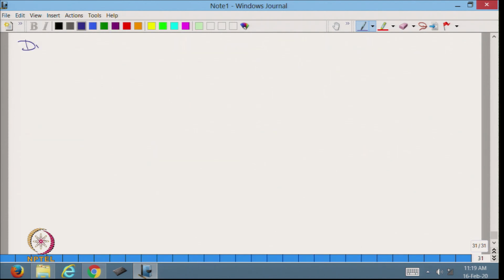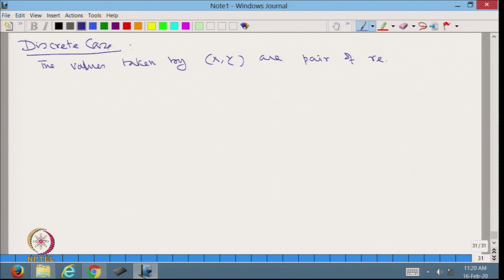So, discrete case, the values taken by x y are a pair of real numbers.